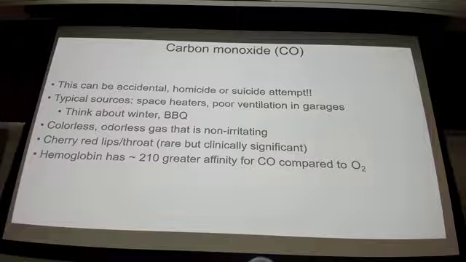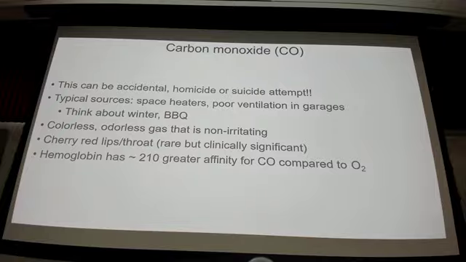We talked about carbon monoxide as another emergency. Probably we see that in cases of suicide or in cases where people want to barbecue in the cold weather. What that does is it causes hemoglobin to bind to the carbon monoxide, which of course decreases the amount of oxygen that is able to travel throughout the body.